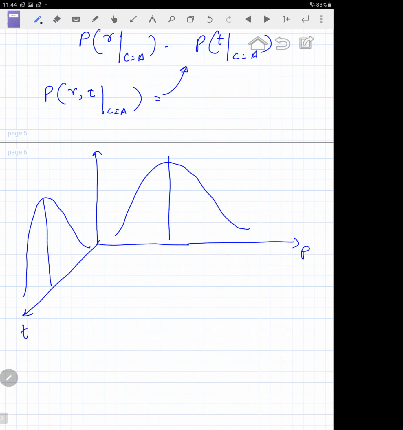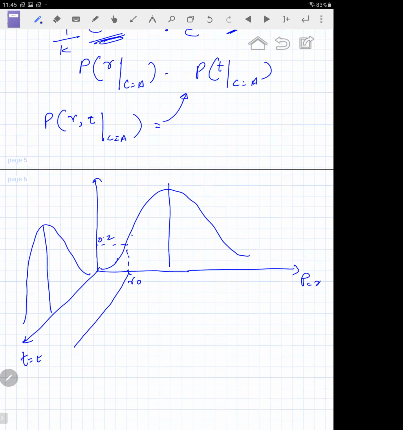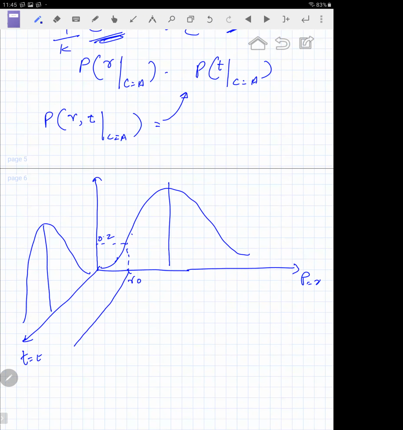What I do is I pick up a sample from this distribution, let's say this one over here, R0, and this R0 has a probability, let's say 0.2. Then the joint distribution, the probability of R multiplied by the probability of T, is nothing but this probability multiplying this entire distribution.